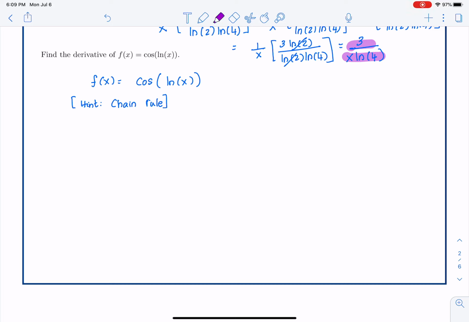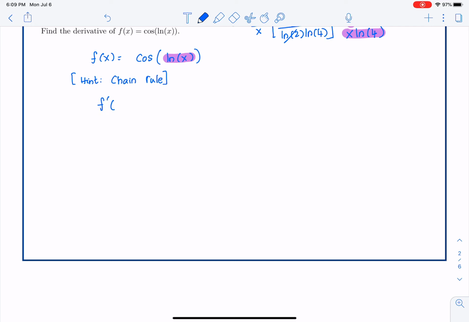If that is the case, what is the derivative of cosine x? It's negative sine x. So we would have negative sine ln of x. But we multiply it by the derivative of the function that's inside. What is the derivative of ln of x? It is 1 over x. So the derivative is negative sine ln of x divided by x.